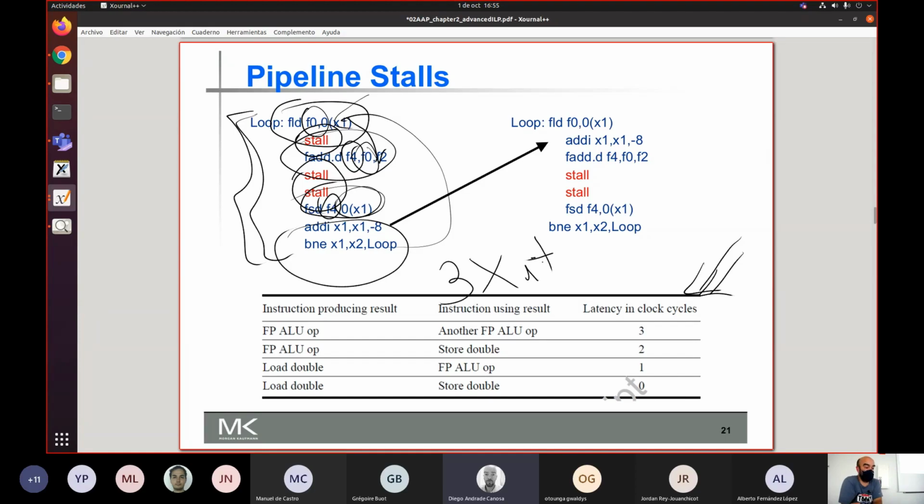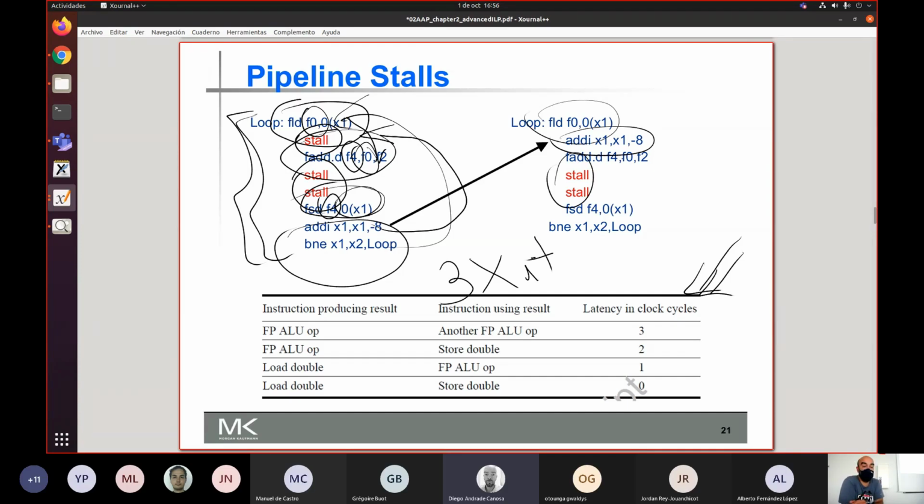We can put this instruction in the middle of this one, so we buy time for this instruction to complete the load. And this is going to eliminate one of the stalls. This is something that is called static scheduling, and this can be done, and is actually done, by the compiler. And this is going to help the processor to have a better performance.